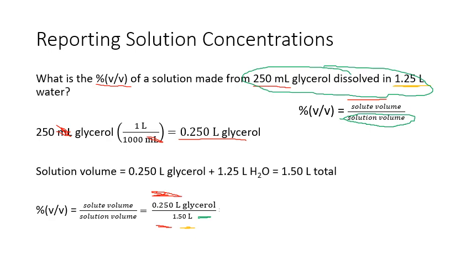So we divide 0.250 liters by 1.5 liters of solution. Liters on top cancel with liters on the bottom, and we get 16.7%. 16.7% of the volume of this solution is glycerol. The other percent is made of water. So 16.7% of the total volume of the solution is the solute in this case.